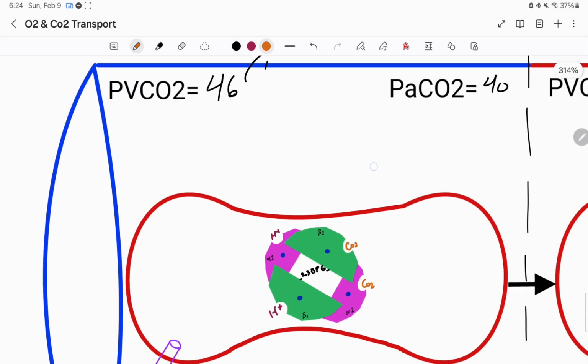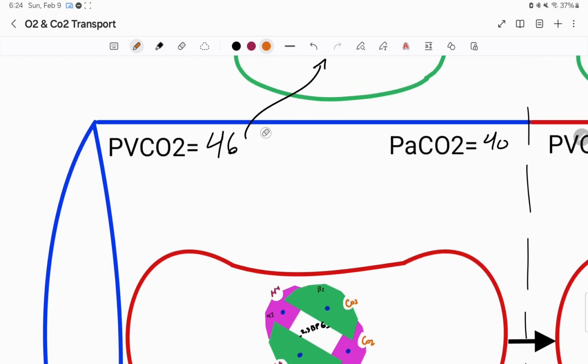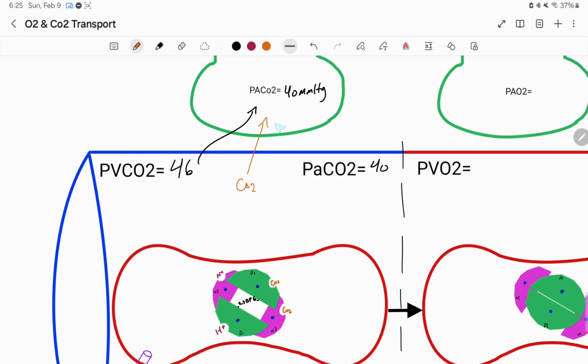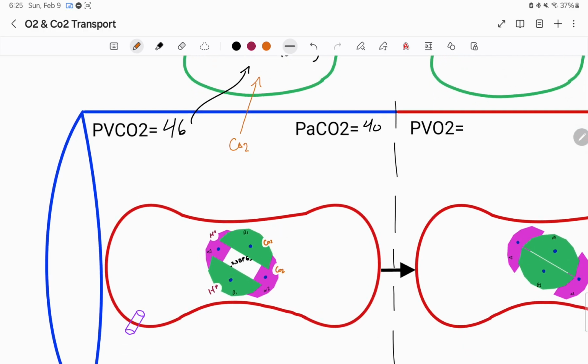First things first. This CO2 that was dissolved in the plasma, easiest time. This guy will go ahead and diffuse down its partial pressure gradient. Very simple, very easy to do.